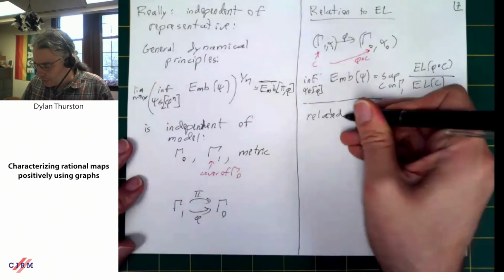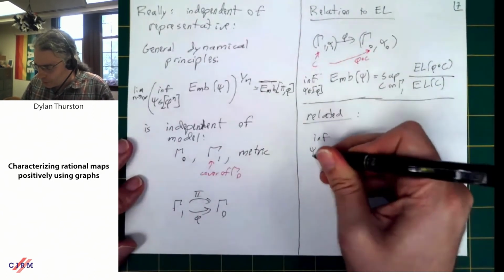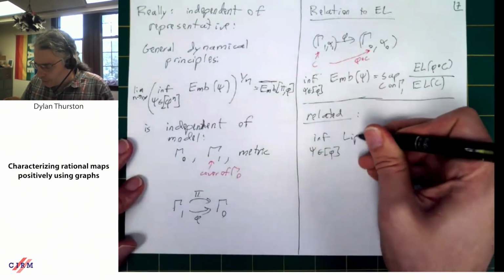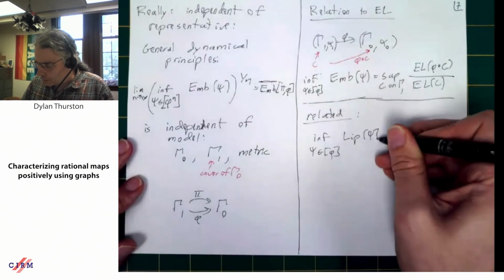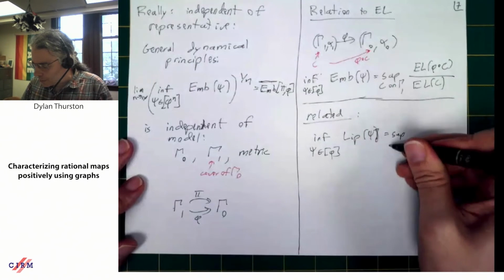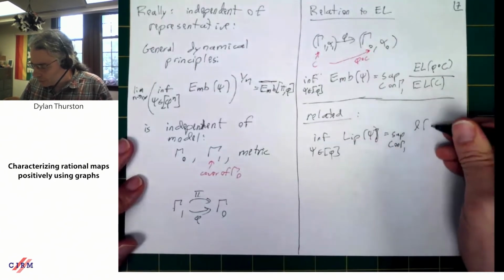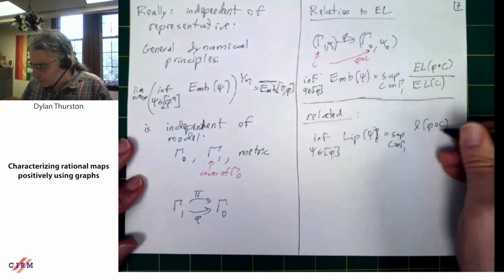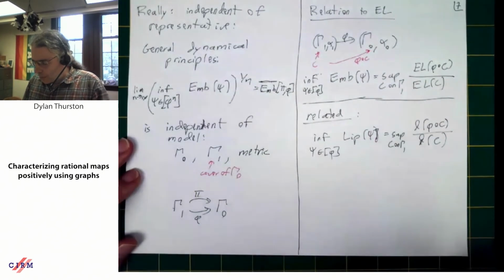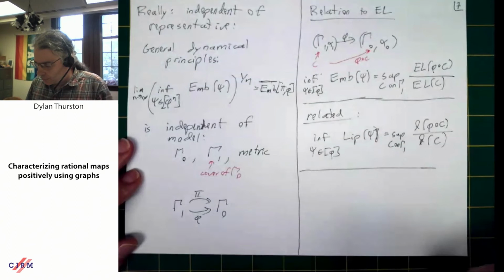Everything's easier when you're only thinking about contractions. There's a much easier to see theorem that the minimum Lipschitz stretch factor of a map between metric graphs is equal to the maximum amount that the lengths get stretched. Any questions on this?